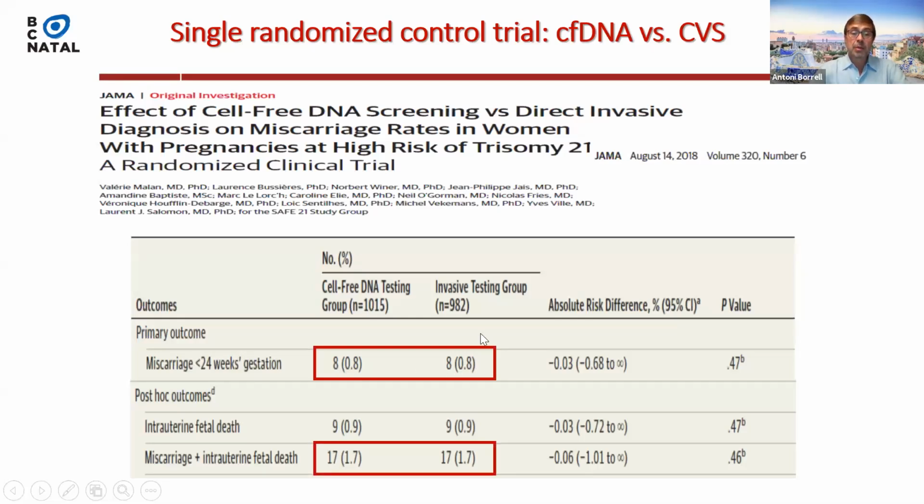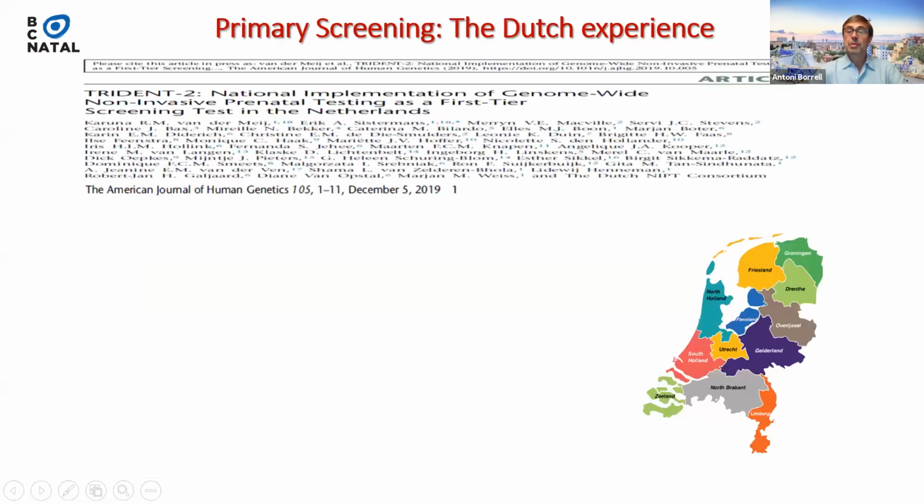And the overall fetal loss rate up to the day of the delivery or after the delivery was 1.7% in one group and 1.7% in the other. So here we can see that it's true that there are losses after invasive testing, but most of the losses are due to the pregnancy itself rather than the invasive procedure.